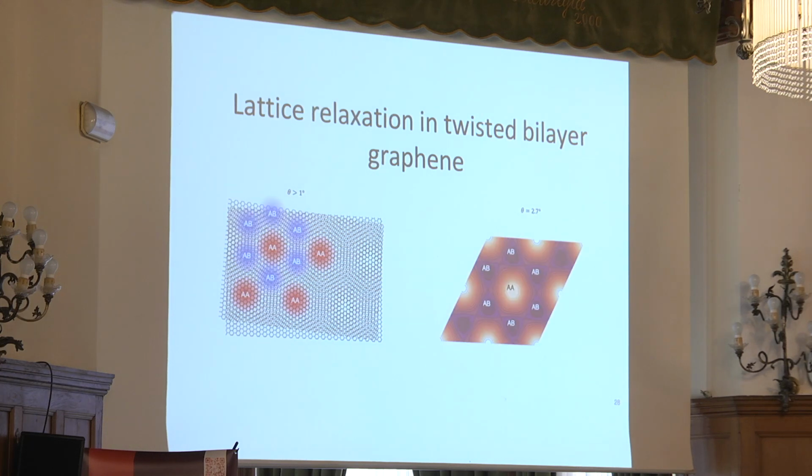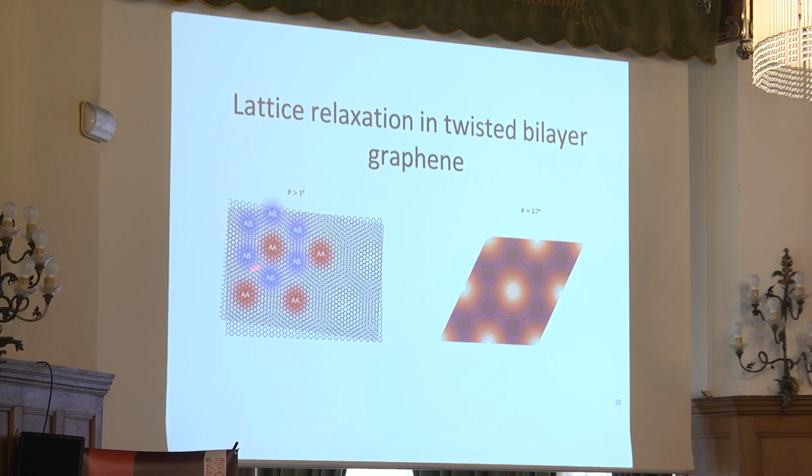So initially, we were just looking at this system with a SNOM and cryo SNOM, different angles. And so one thing that is relevant here is when you change the angle of the system, lattice relaxation takes place. What does that mean?